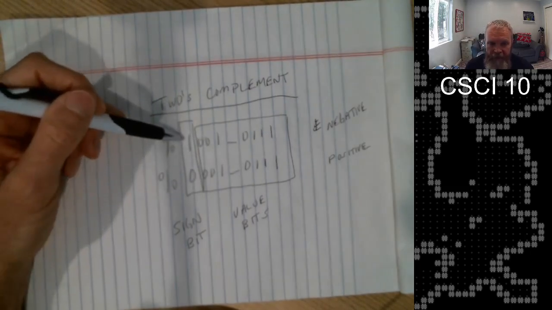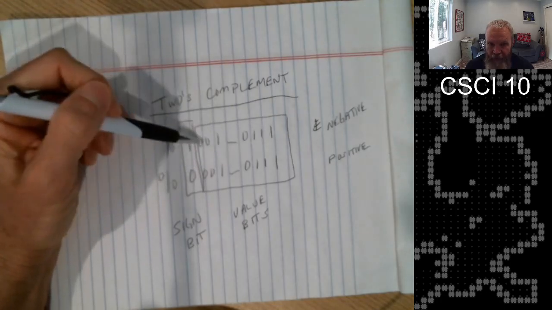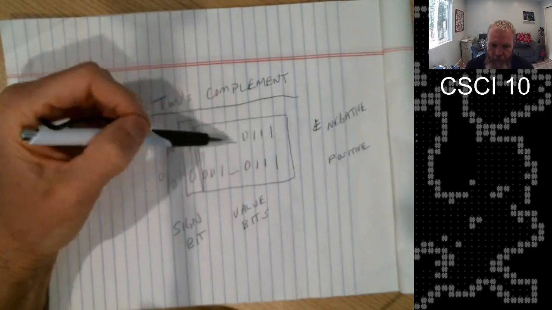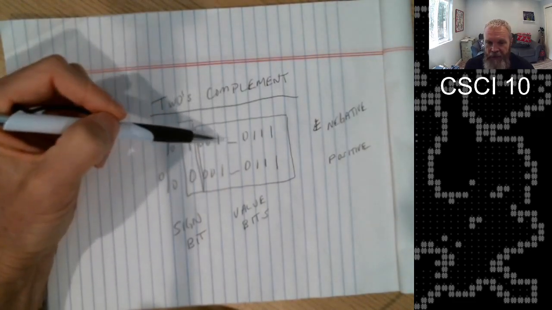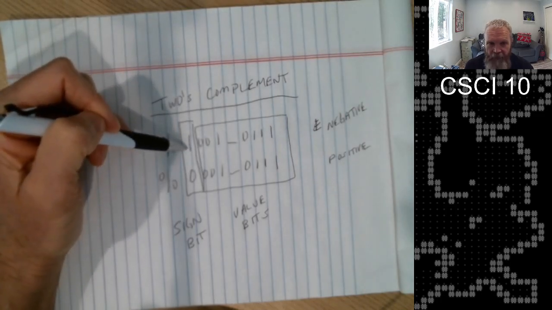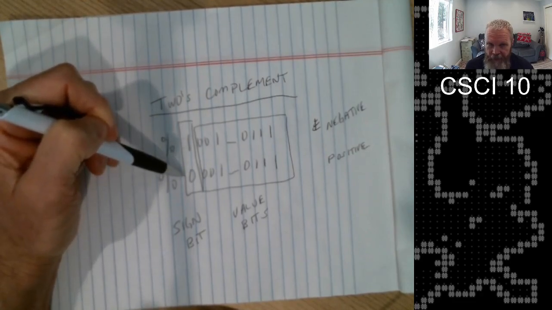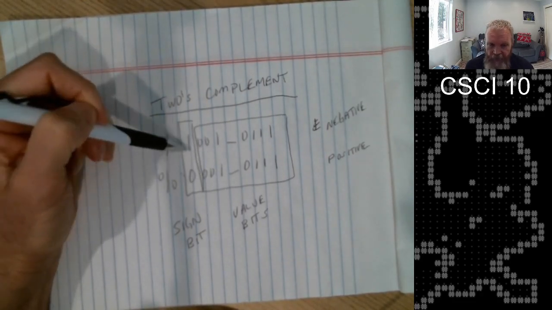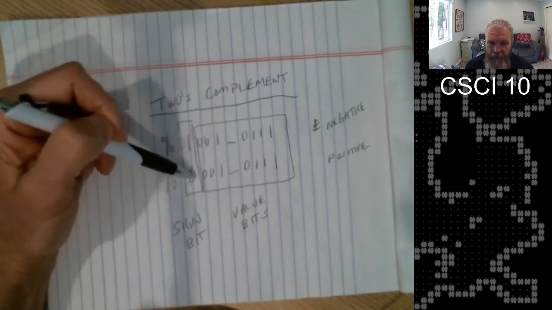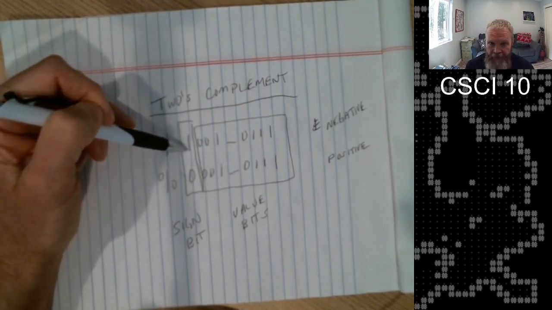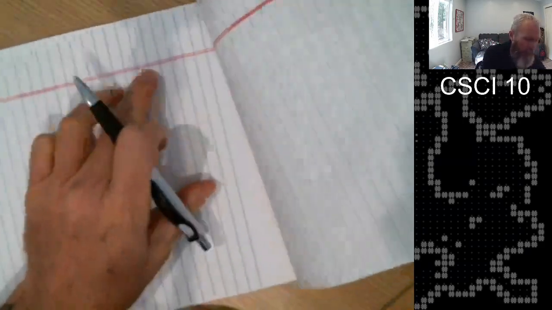Now, what makes this tricky is that it changes the meaning of the value bits a little bit. It just does. And I'll show you how to derive that. So let's start with the easy ones, which are the positive numbers, and then we'll do the negative numbers. But the thing to remember is this uppermost bit represents whether or not the value is positive or negative. 1 is negative, 0 is positive. Okay, so still doing 2's complement.